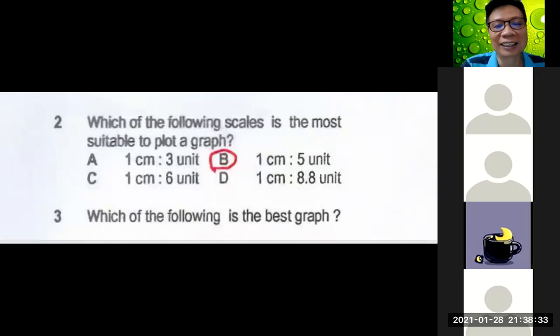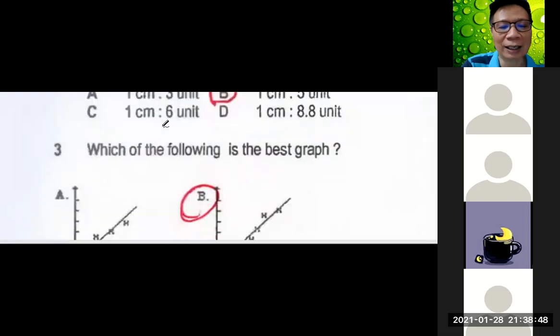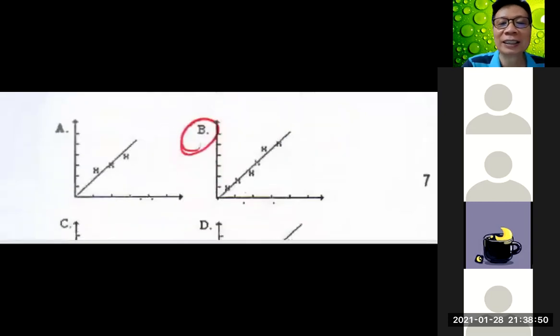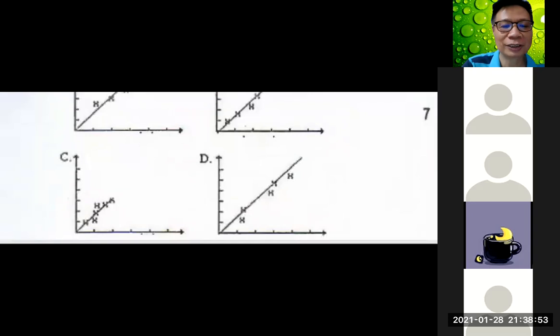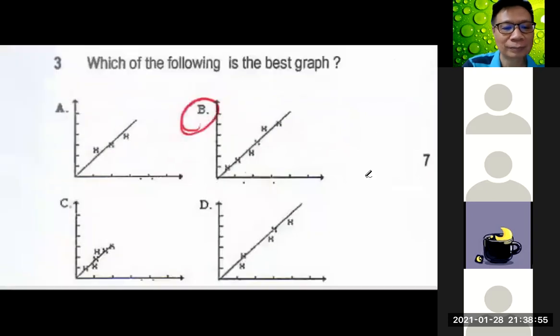So which one is correct? Young says 3P, Lai says 3A, Bernard says 3A, Isabel says 3B. Okay, you see the answer. 3B is correct. 3B is the best graph.